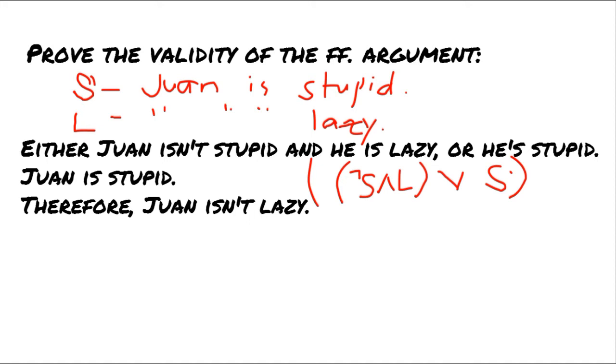So the second premise will be Juan is stupid, so S, therefore not lazy. So we came up with the logical expression not S and L, or S. Second premise is S, therefore not L.